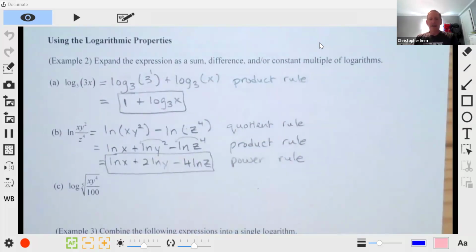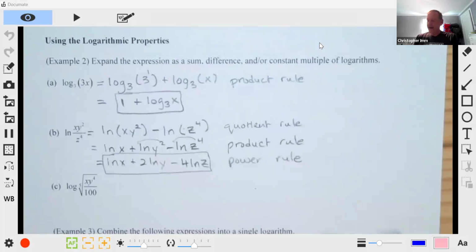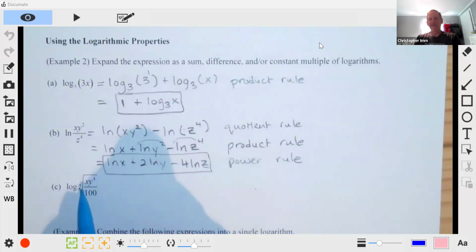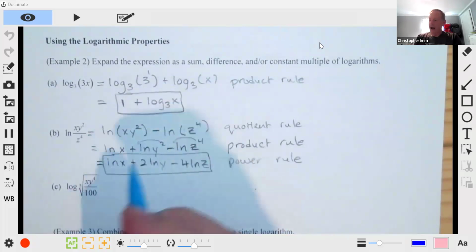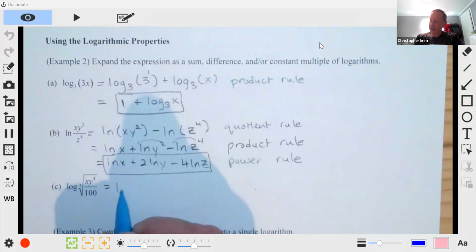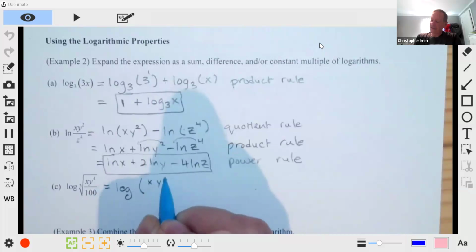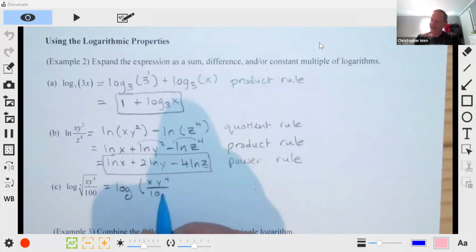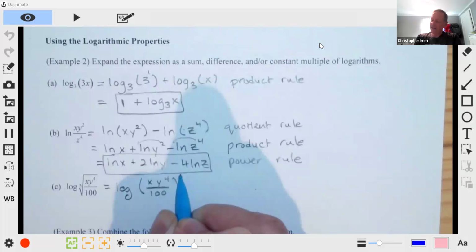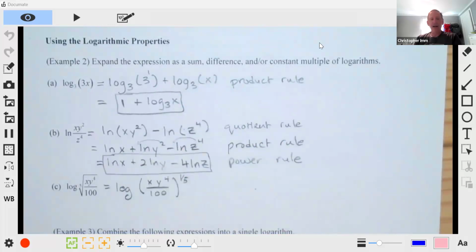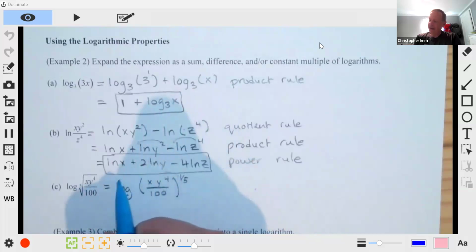All right, let's look at one more here. Notice I have a 5th root here. I'm going to rewrite that as a power. We know that when we have roots, we can raise that root and make it a power. So that's going to be the 1/5 power. I'm going to start out by taking that power out in front.